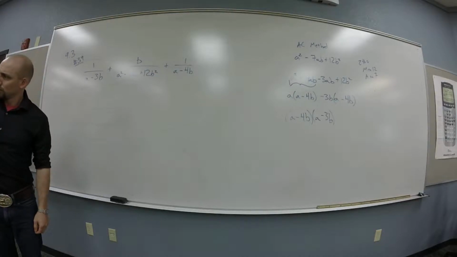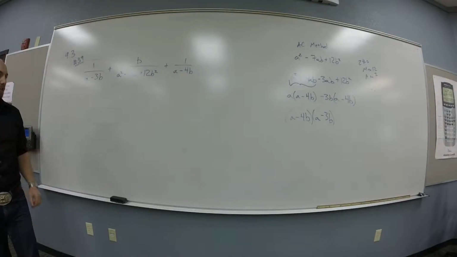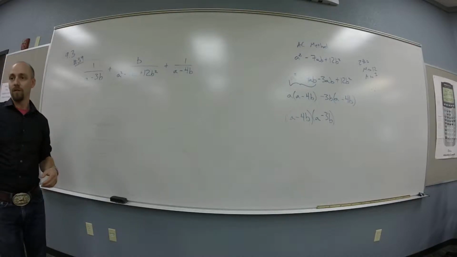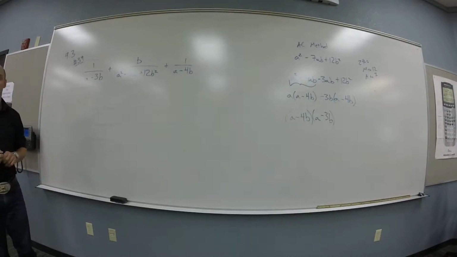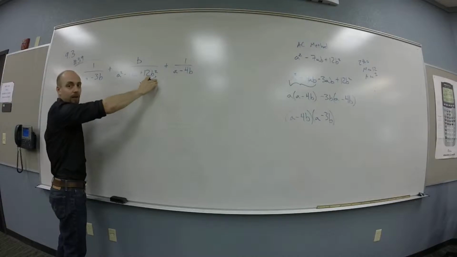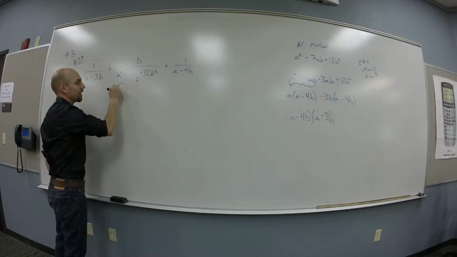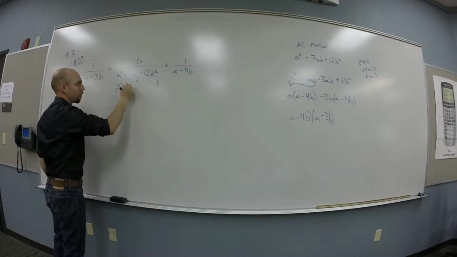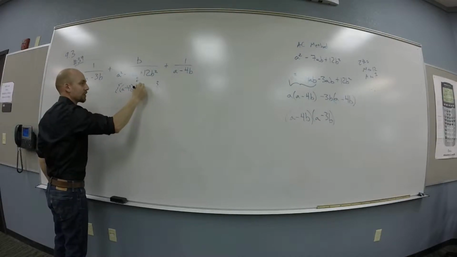Make it unscary looking. I'm not sure if it got better. Well, it did because now you don't have to have such a big bottom on the other two sides. Oh, yeah, okay, that's a good point. So now I can think about this piece as being the factored form. So I've got an a minus 4b times an a minus 3b.